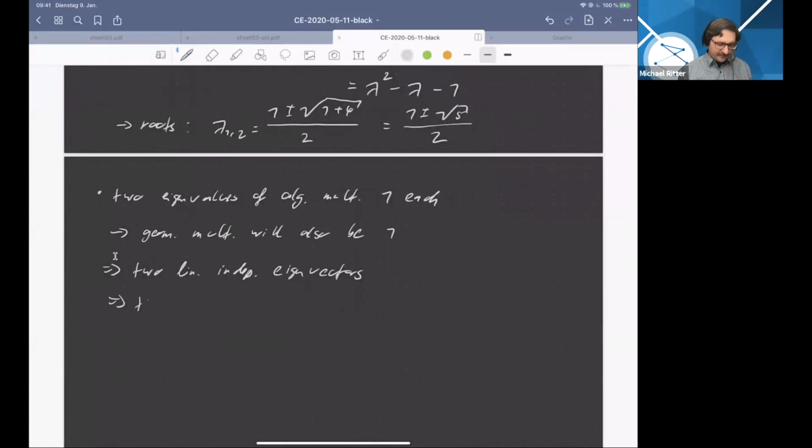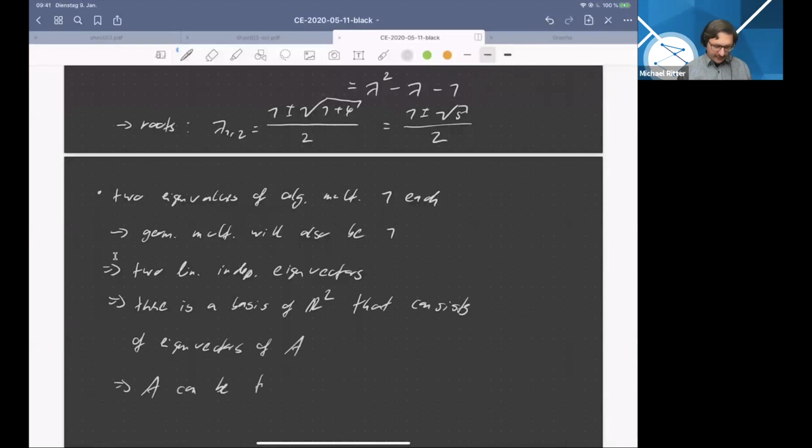And that means there is a basis of R2 that consists of eigenvectors of A, and therefore A can be transformed into diagonal form.